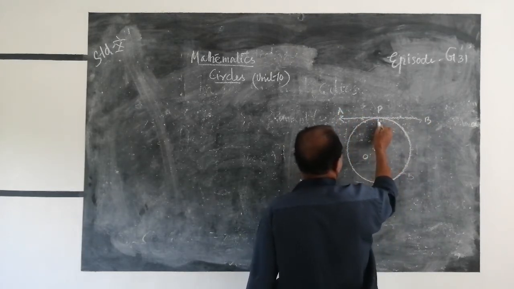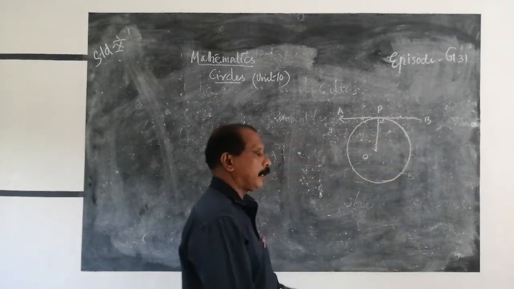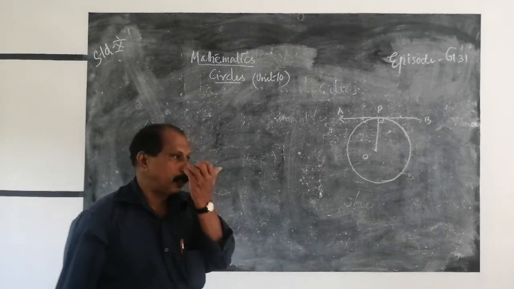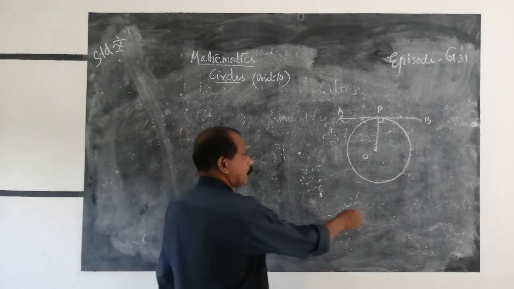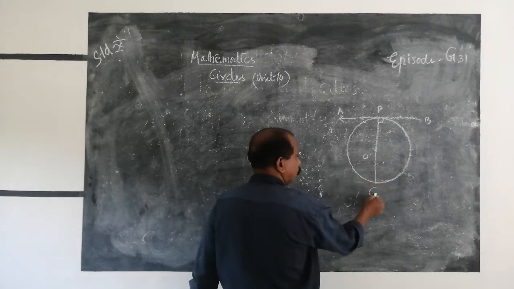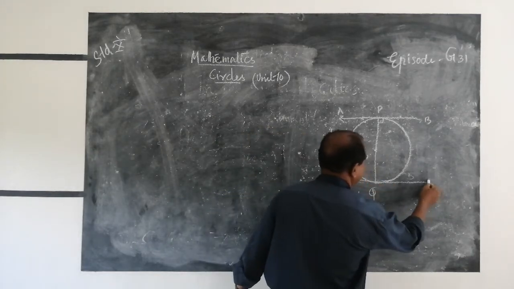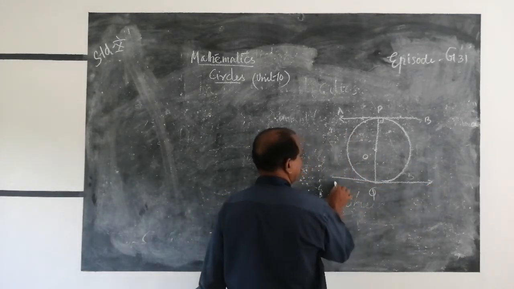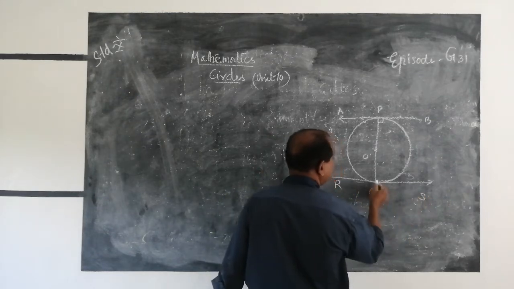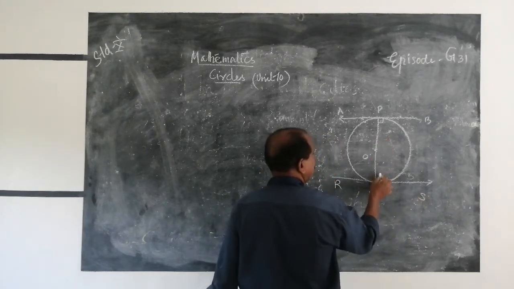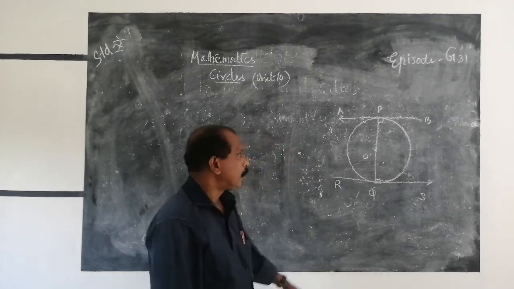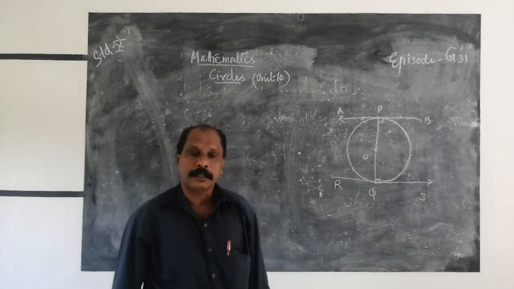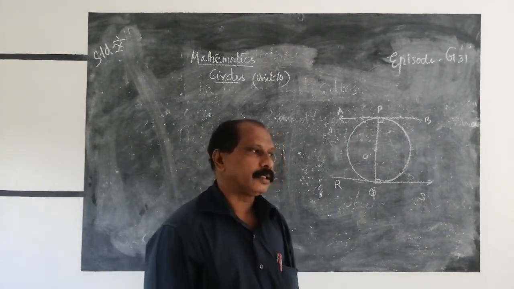Then the tangent and the radius segment at the point of tangency are perpendicular. Now, this is the diameter PQ. There is also another tangent at Q. The angle of these two is also 90 degrees. Therefore, PQ is the diameter of the circle.